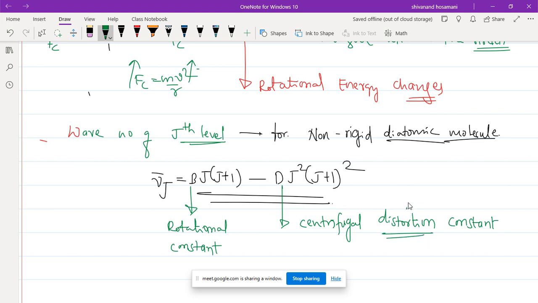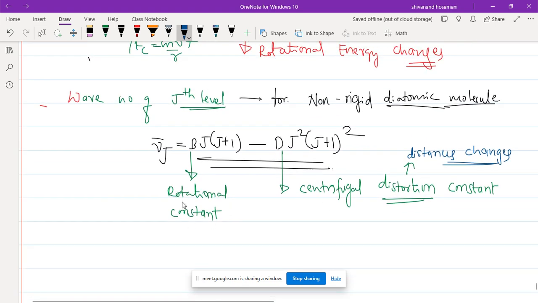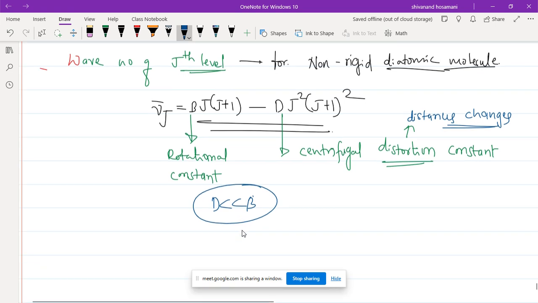Distortion means it changes the bond length, the distance between atoms. Moreover, D will always be less than B. With rotation there will be a little distortion, not much.